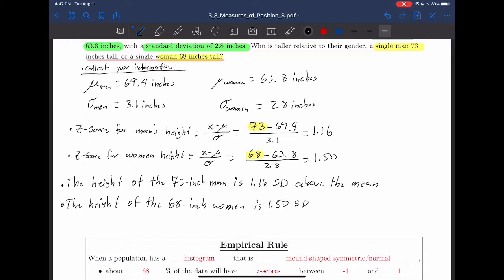If you look back at the definition, since our z-scores are positive, we know that they're above the mean. The z-score for the woman is a lot higher than the z-score for the man, so she's more above average. To answer the question, the woman is taller than the man relative to her gender.